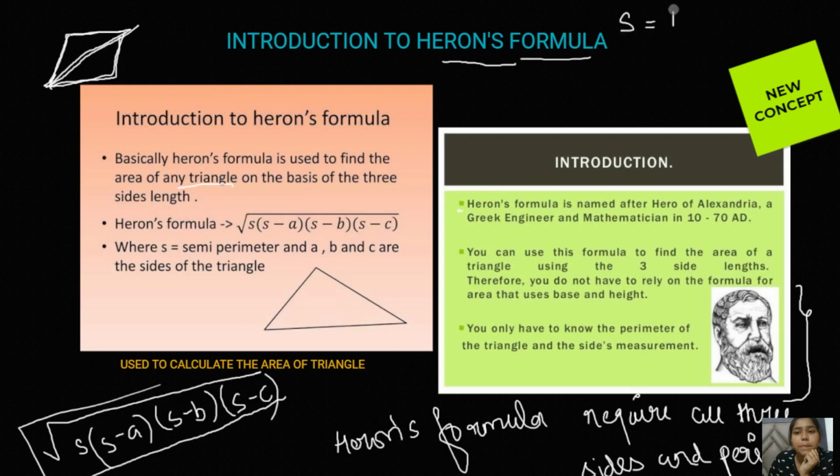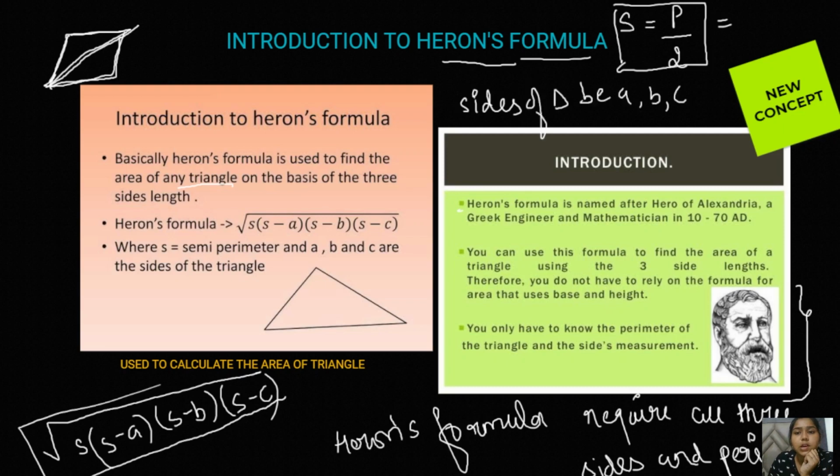S means the perimeter of the triangle divided by 2, or you can write it as: let the sides of the triangle be A, B and C. So perimeter will be A plus B plus C, that is the sum of all sides. You know that the perimeter of any figure is the sum of all the sides, divided by 2, that is your S. Right, and A, B, C are the lengths of the sides of the triangle.